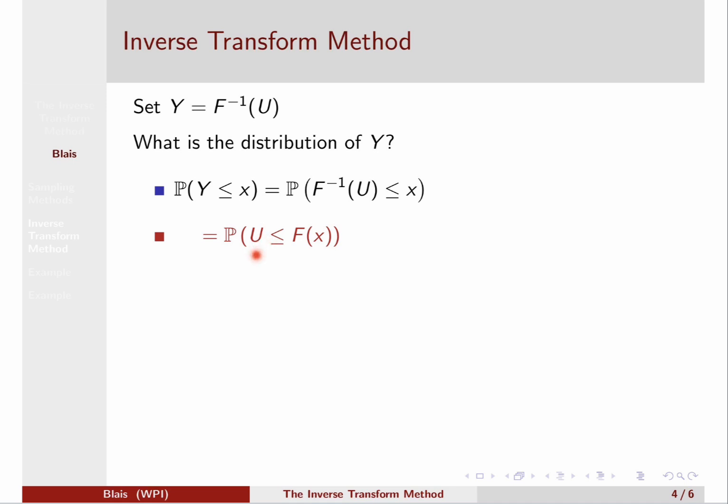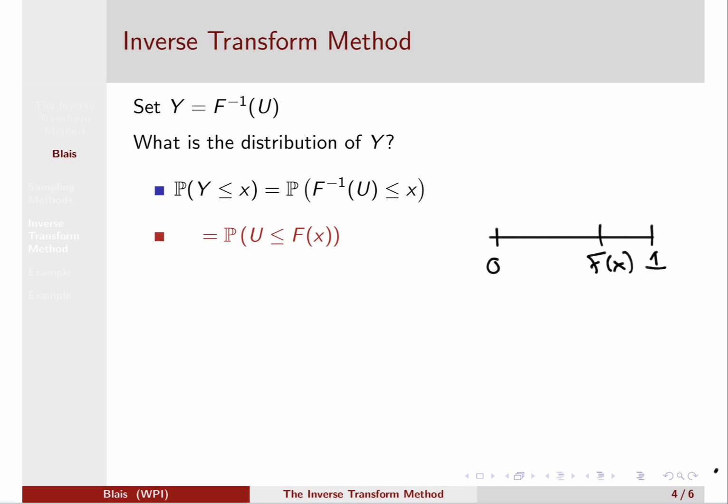So U, again, a uniform. F of X, well, little x is fixed. F of X is the CDF, F evaluated at X. So this F of X is just some number between 0 and 1. So this is saying we have this number, F of X here, it's some number between 0 and 1.